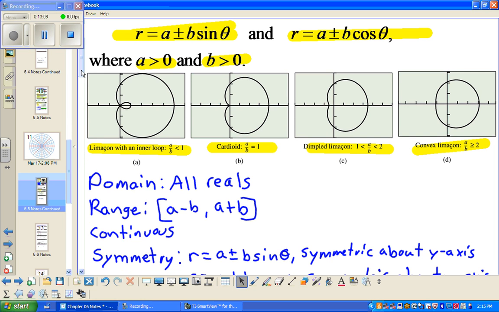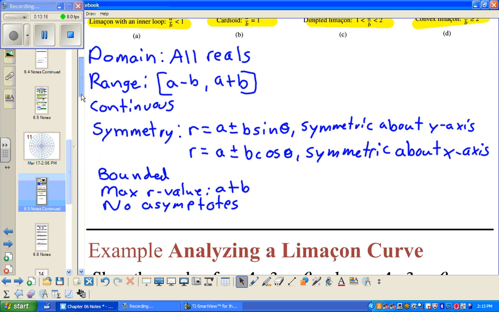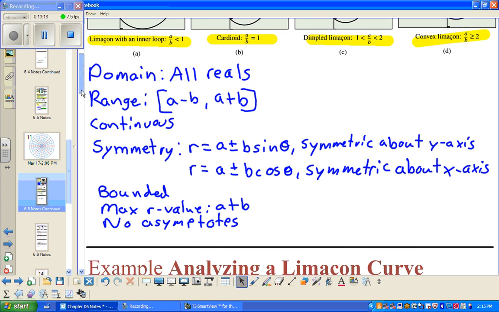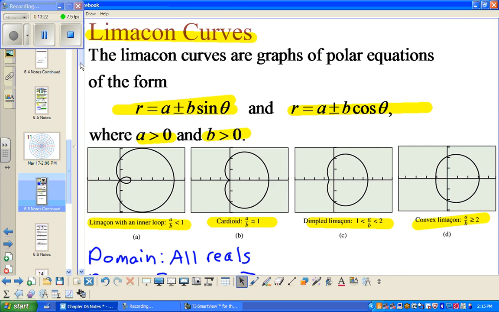The range is going to go from a minus b to a plus b. It's going to be continuous. There's the symmetries, and so on. I'm not really going to have you analyze the graphs. There's going to be a portion of your homework where it says to do that, but really all I want you to do is like what we were just talking about.